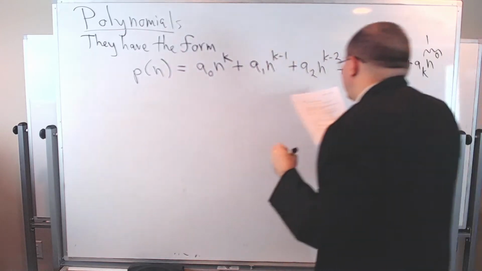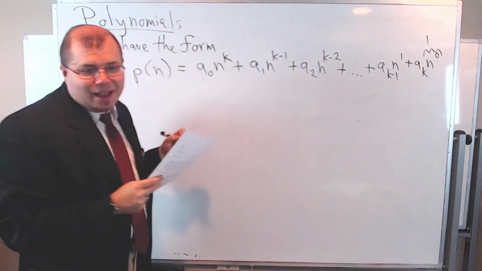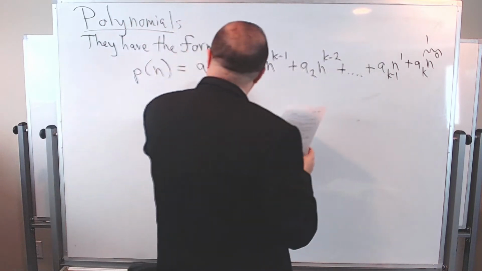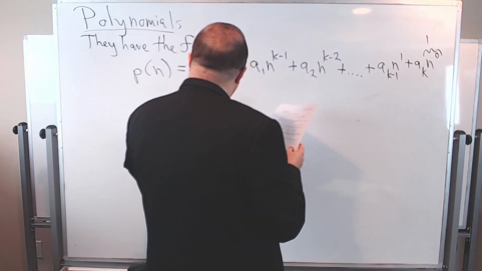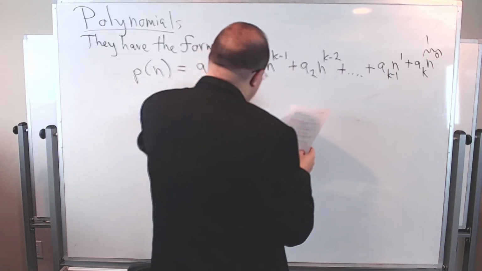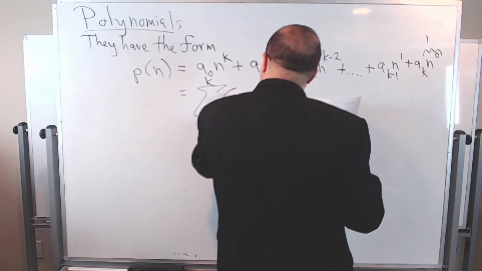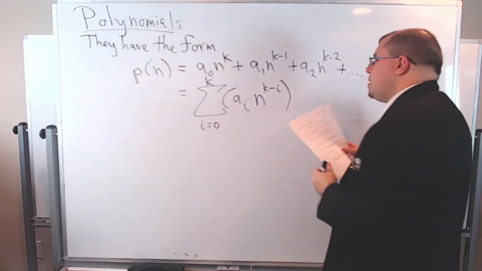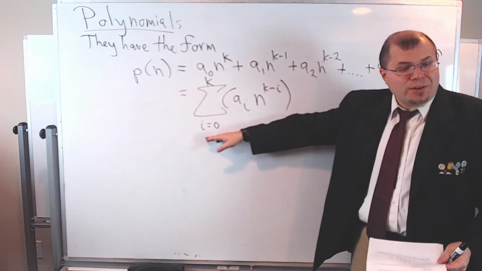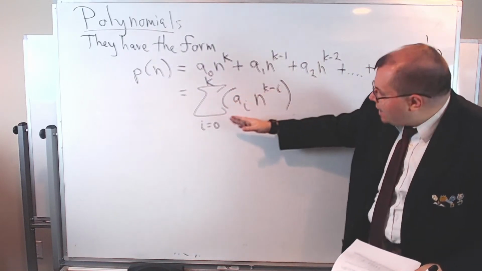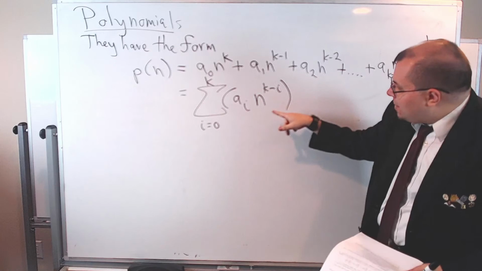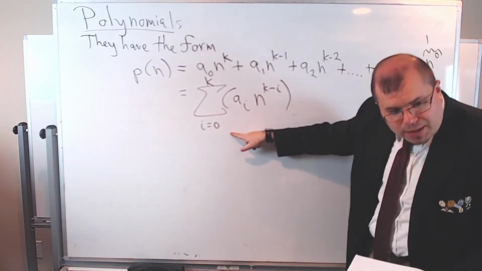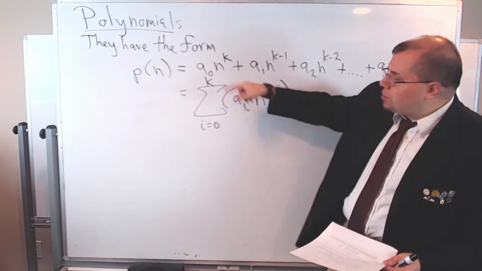Now, if you're like me and you don't want to write this out every single time, you can use summation notation to rewrite it like this. If you're not familiar with this notation, all it's saying is that I'm going to add whatever's in here, starting from i equal to 0, the lower limit of the summation, up to the upper limit of the summation.